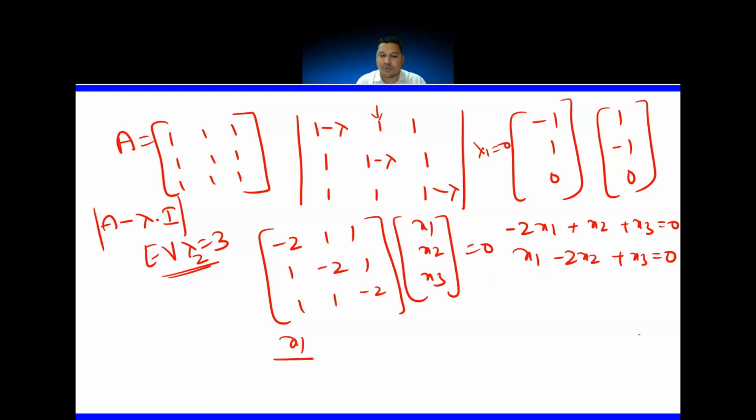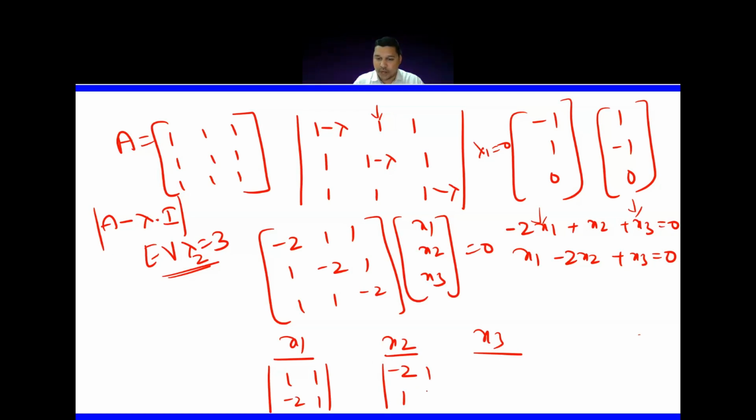I will apply Cramer's rule here for x1, x2 and x3. I will find the determinants. For x1, I take the coefficients of x2 and x3, so it is 1, 1, minus 2, 1. For x2, I take the coefficients of x1 and x3, so it is minus 2, 1, 1, 1. For x3, the remaining two, so it becomes minus 2, 1, 1, minus 2. Finding the determinants, x1 is 1 minus minus 2, which becomes 3.